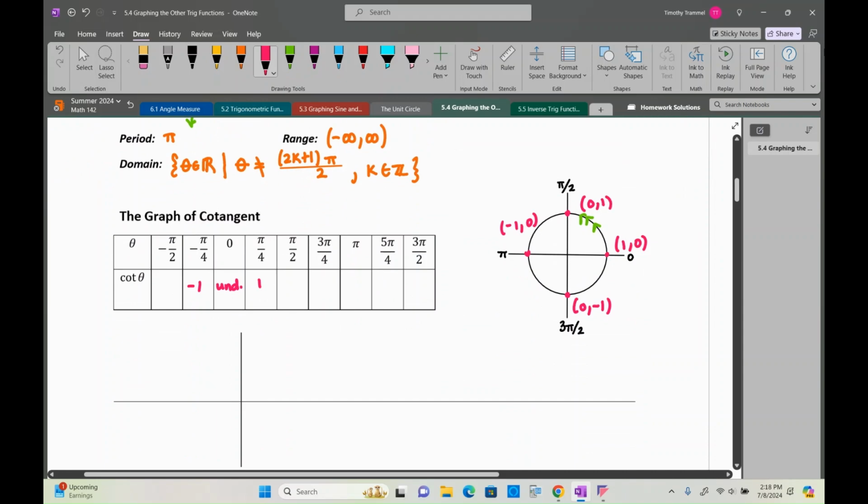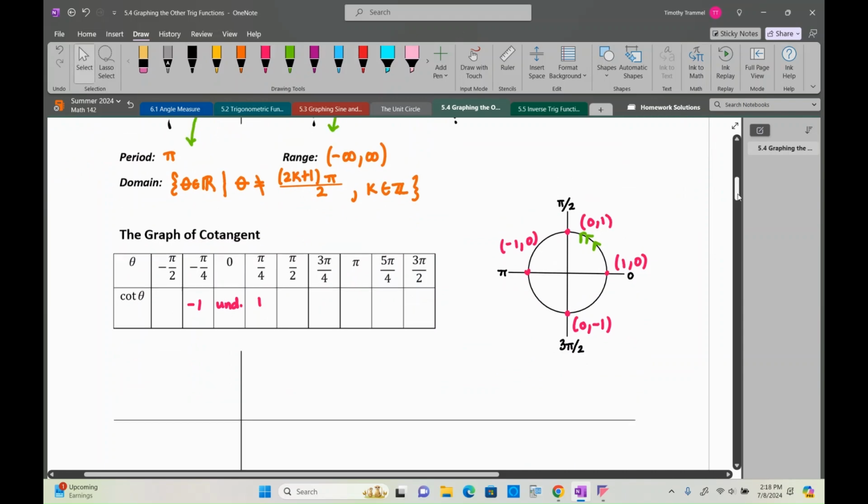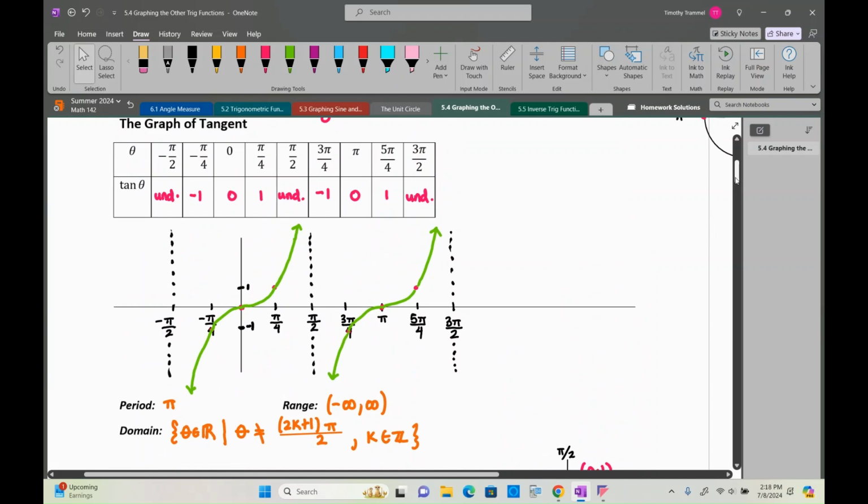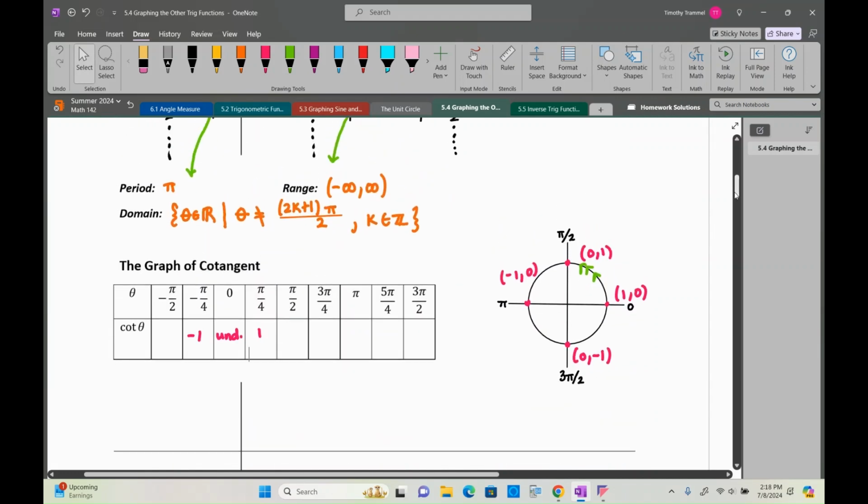Okay. At pi over 2, let's see what tangent was at pi over 2. We had a vertical asymptote. Okay. So we need to figure out what's going on at minus pi over 2 and pi over 2. So again, do remember that cotangent, just like tangent, can be rewritten using x and y. So it's x over y now. So if we go to minus pi over 2, that would be right here.